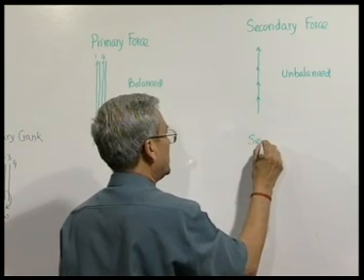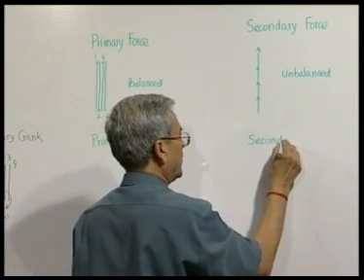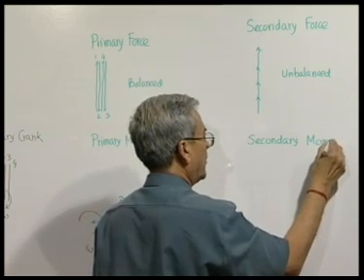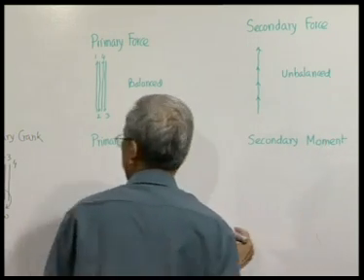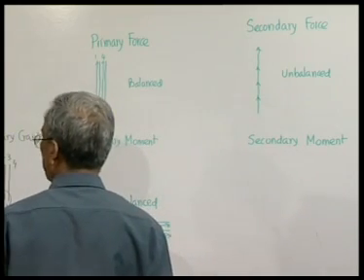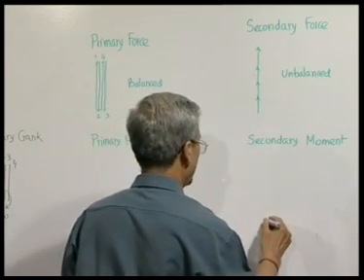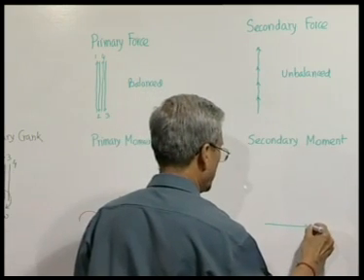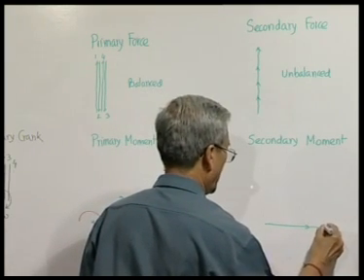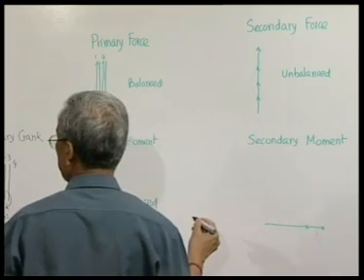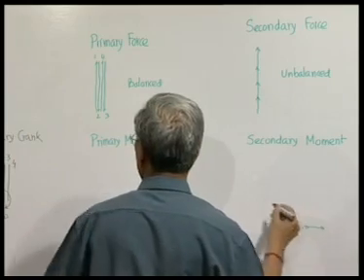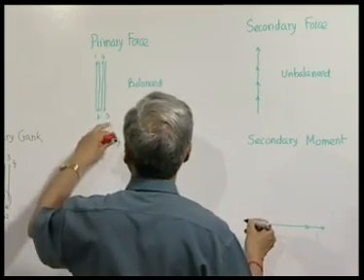Secondary moment, you will find the first one is producing in this direction, the second one is also producing in the same direction, the third one is producing again in the same direction, the third one is down like the second.